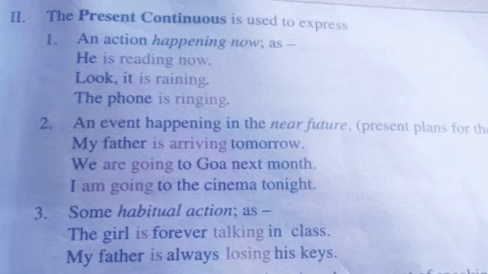That means present plans for the future. We are going to Goa next month. I'm coming to your house tonight. So these are a few examples of events happening in the near future.